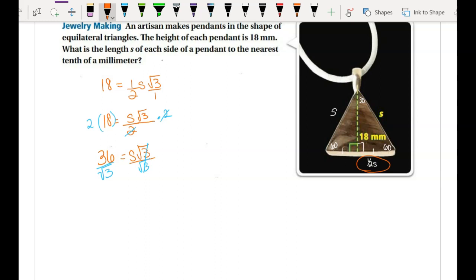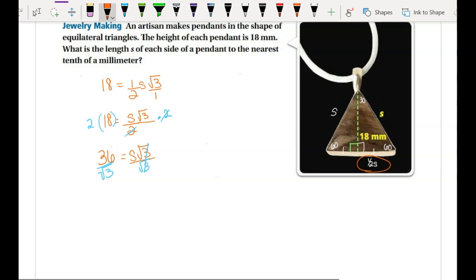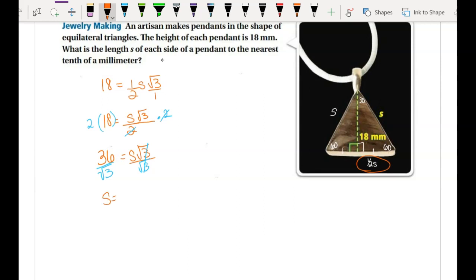And that's going to give me s is equal to 20.784. And there's some more numbers, but I don't really need them. It wants to know the nearest 1/10 of a millimeter. So each side is 20.8 millimeters. And that's it.